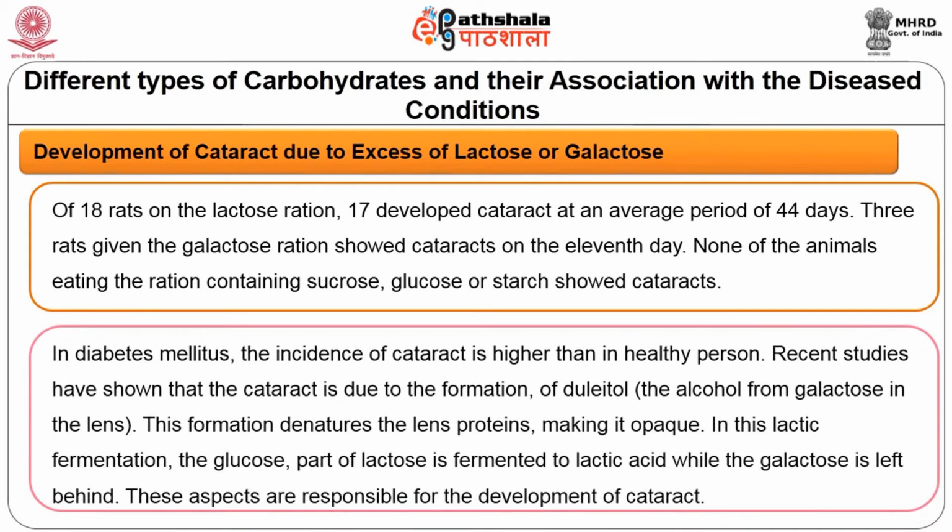In diabetes mellitus, the incidence of cataract is higher than in healthy persons. Recent studies have shown that the cataract is due to the formation of dulcitol, that is the alcohol from galactose, in the lens. This formation denatures the lens protein, making it opaque.